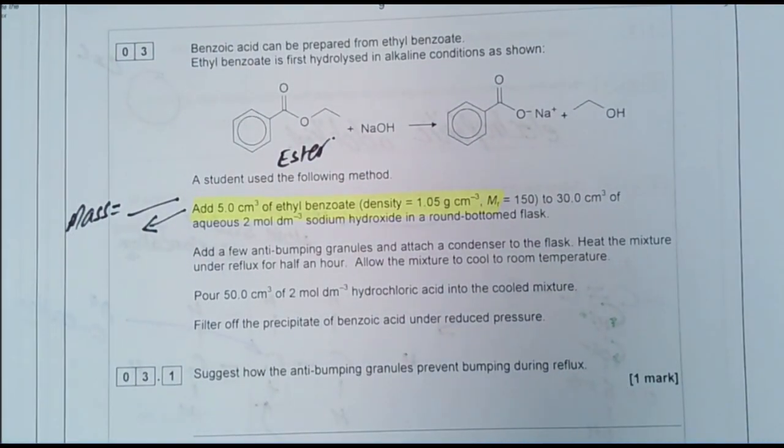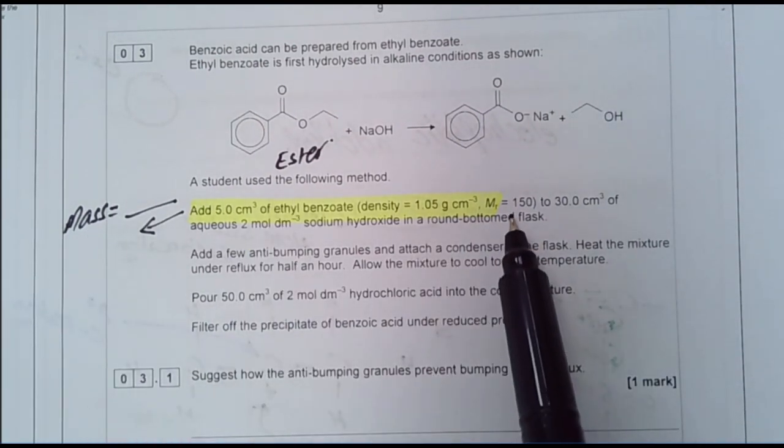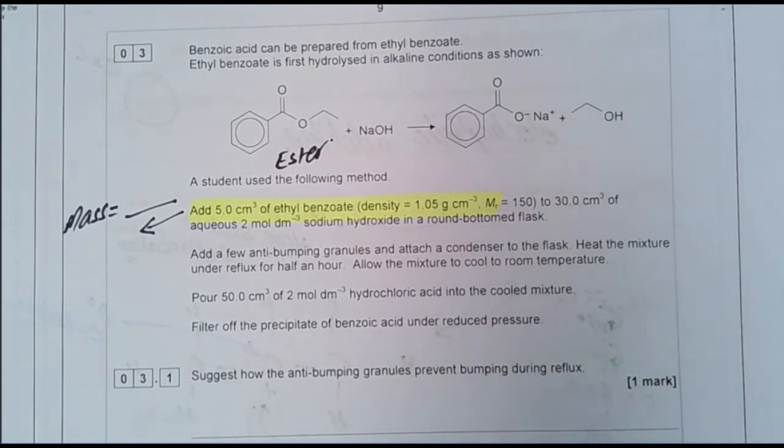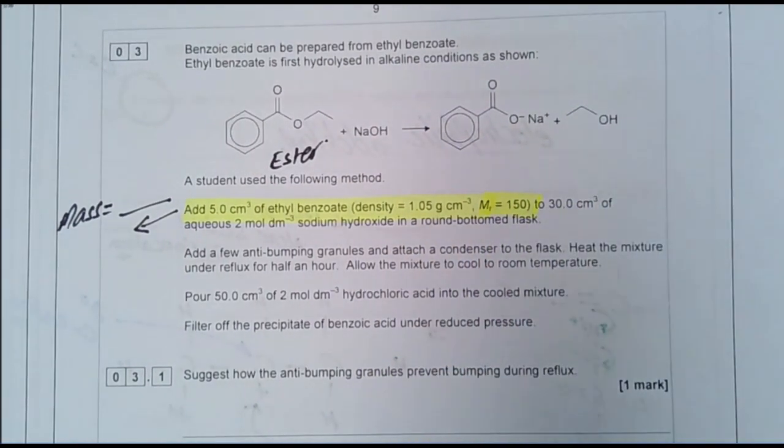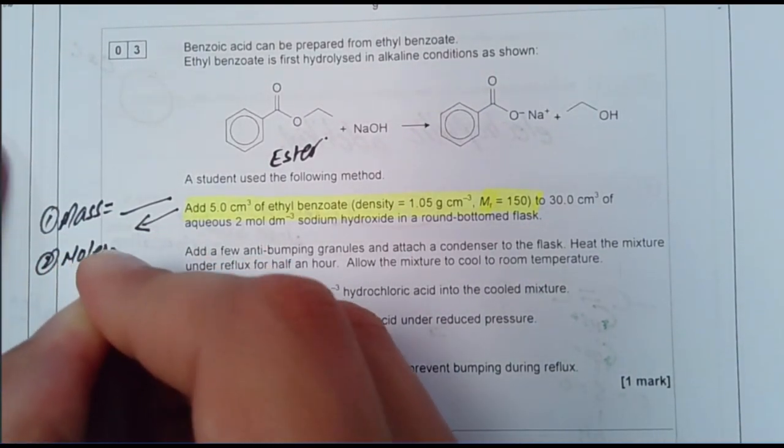You can work out the mass from density and volume. Then you know the mass, you've been given the Mr. If you divide mass by Mr, you'll be able to work out the moles as well.